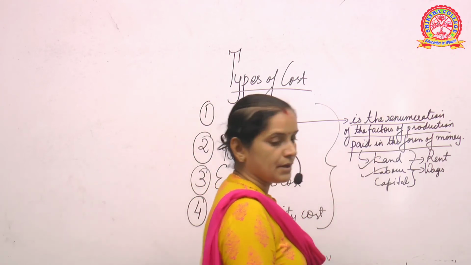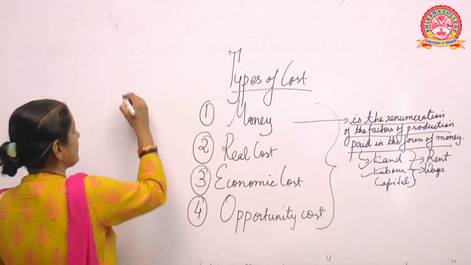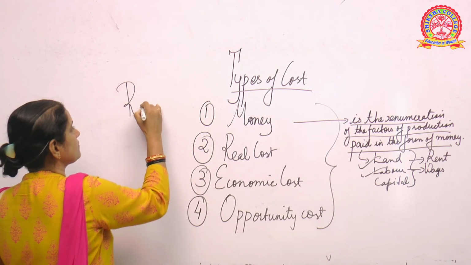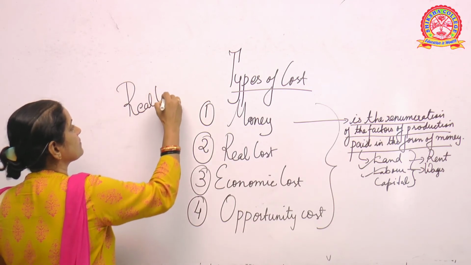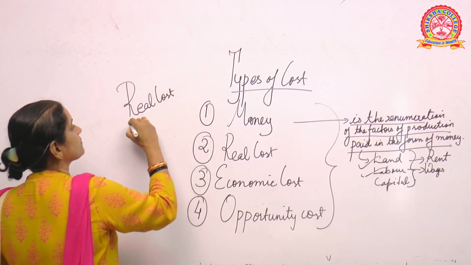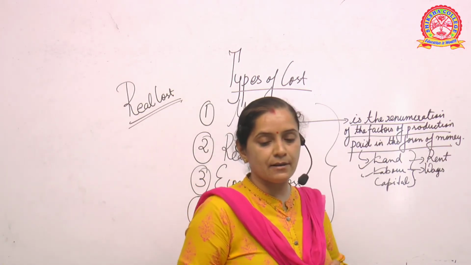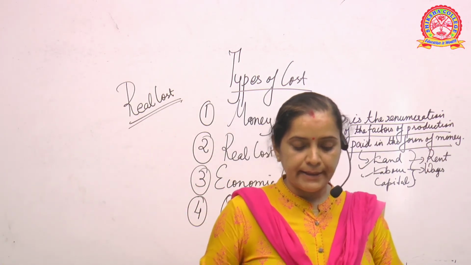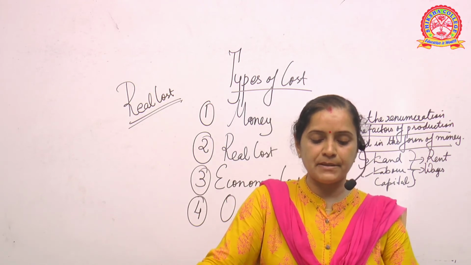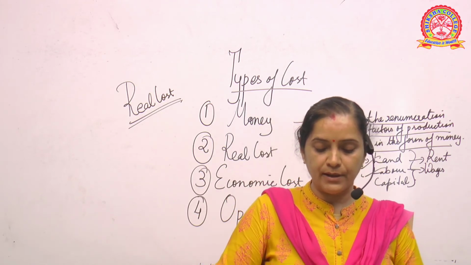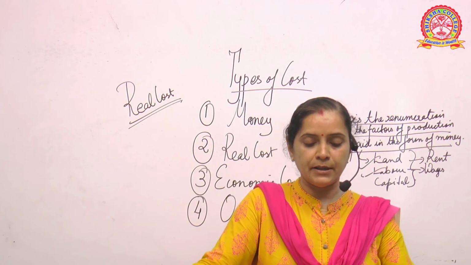Then comes real cost. We will discuss the real cost. Okay, real cost. Now what is real cost? The exertion of all kinds of labors that are involved in the industry in the process of production.